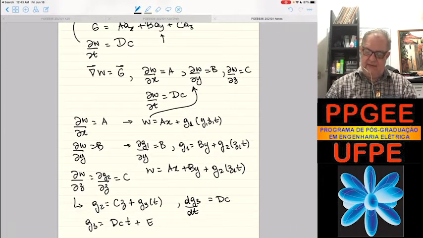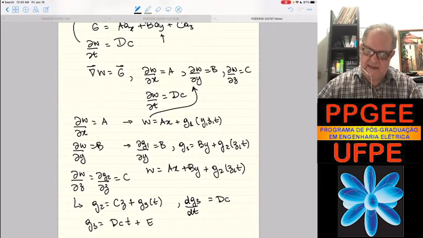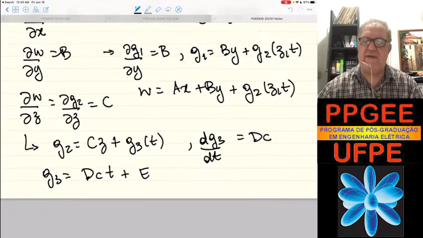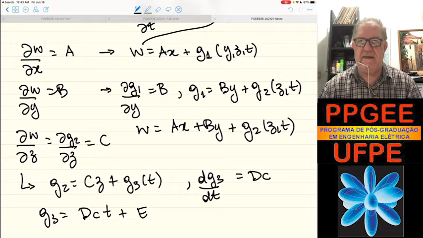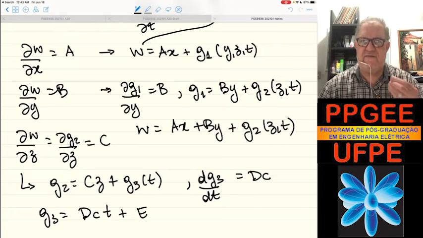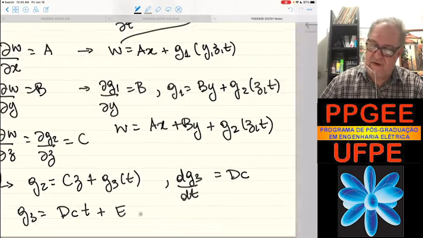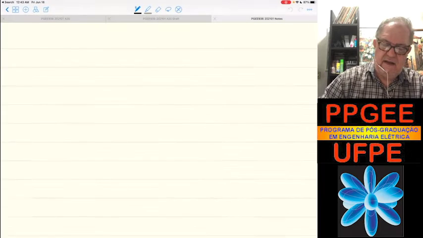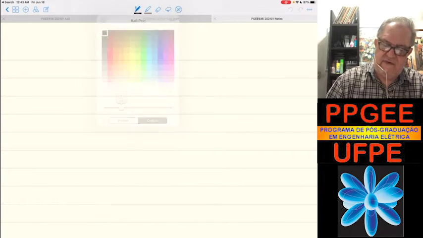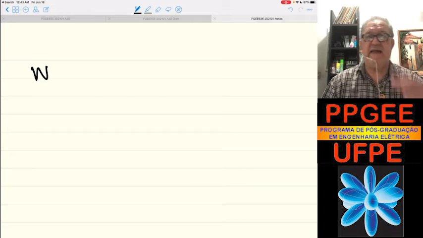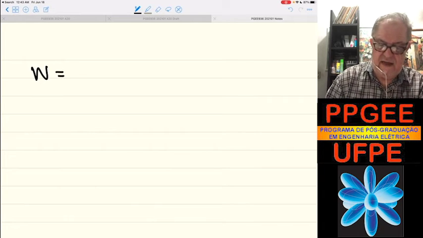So what we have here, if you look at what we are doing? We are determining the specific form of W, right? AX plus BY plus CZ plus dCt plus a constant. So that's the general form that we obtain for this solution. That's the argument of the function.